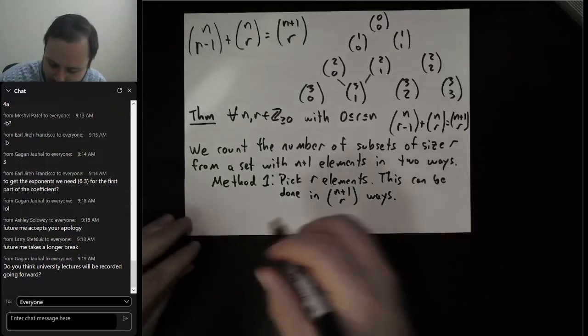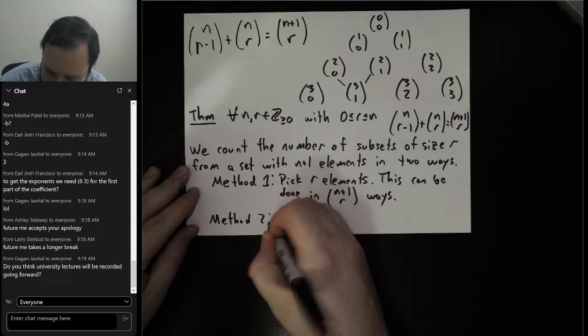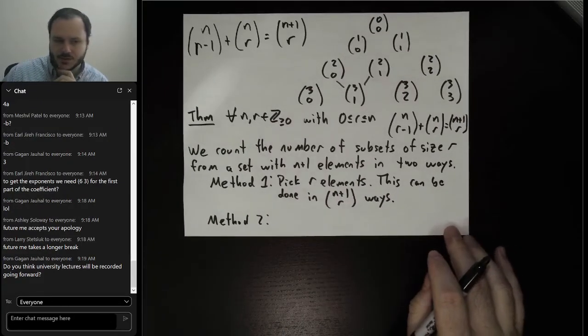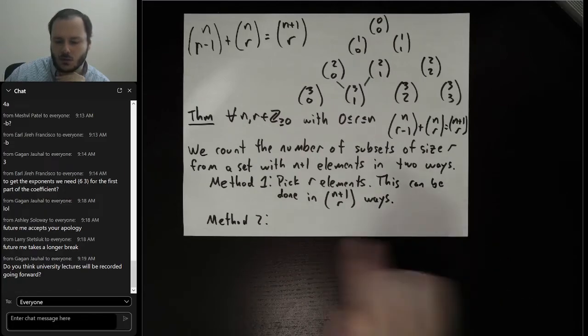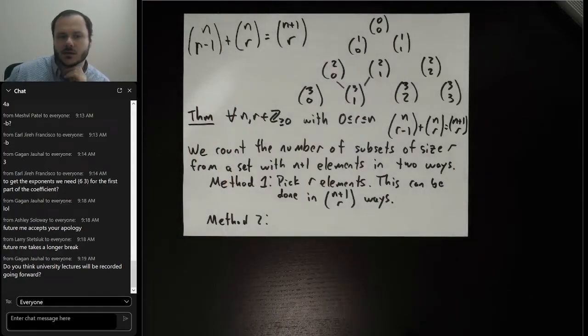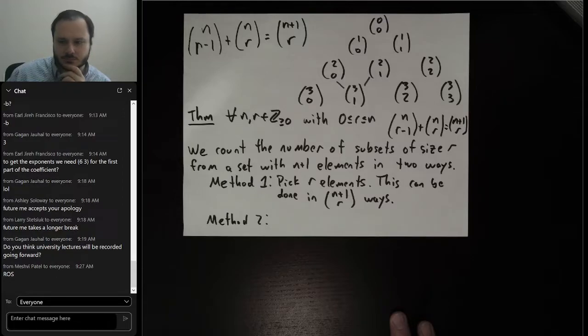For method 2, I want to talk through it with you. What does the plus sign mean? What am I going to end up using in this method because there's a plus sign? Good. Plus sign means rule of sum.